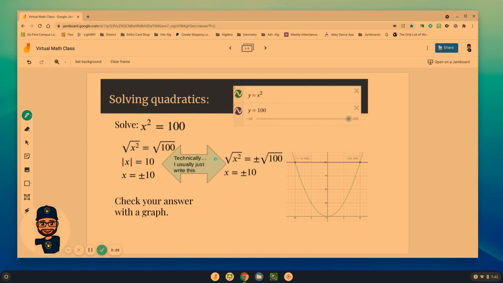And so what we can do is graph them. I can say y equals this part, y equals the 100, graph them both in Desmos and figure out what x values are solutions. Typically, when we take the square root of x squared, we're going to say that the absolute value of x equals the square root of that positive number, but we normally will just jump to this bottom step.